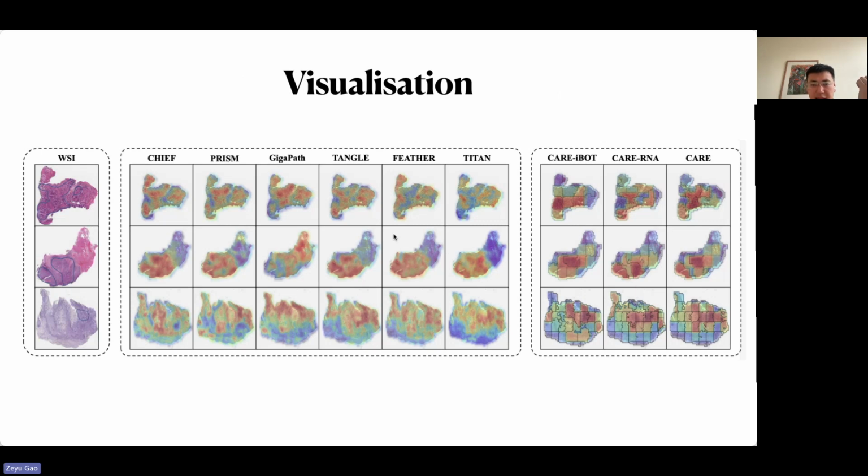And this is some visualization results, and you can see the adaptive region is really not just a bounding box or a fixed window. It does optimize the combination of patches, and it shows much better alignment with the annotation here.